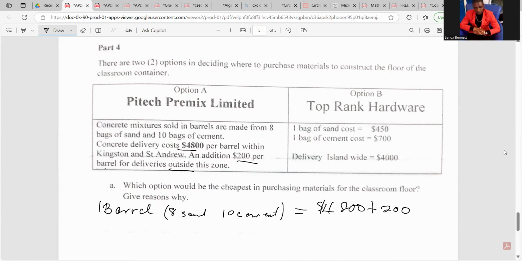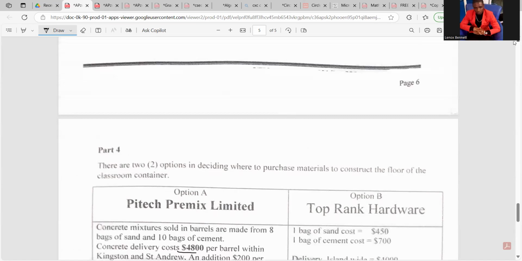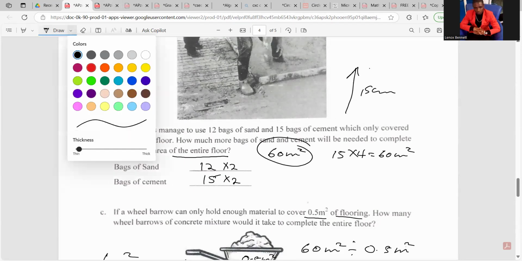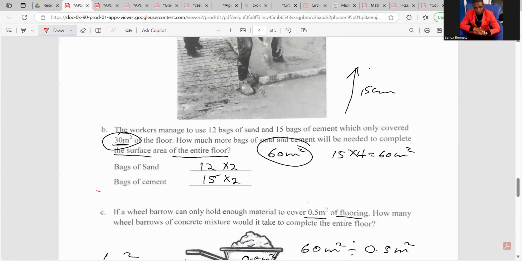Now let's just go back up to what they told us here. Now, if 12 bags of sand and 30 bags of cement do half of it, right? To get the entire thing, we need to multiply it by 2 to find the full bags. So we need a total of 2 times that, which is 24 sand and 30 cement, right?